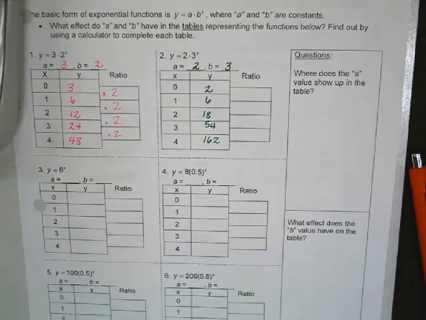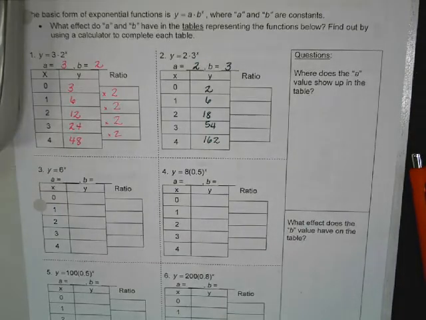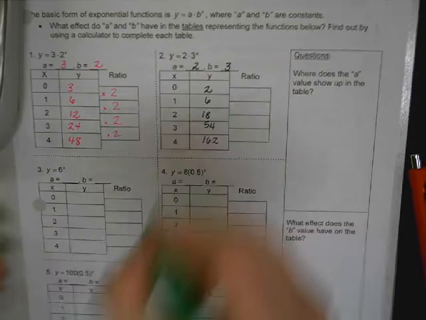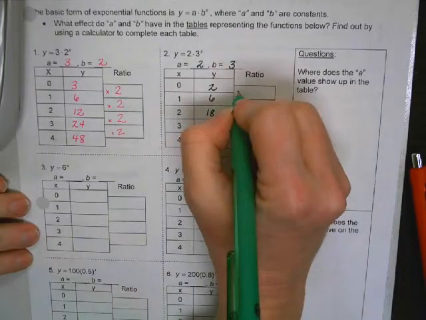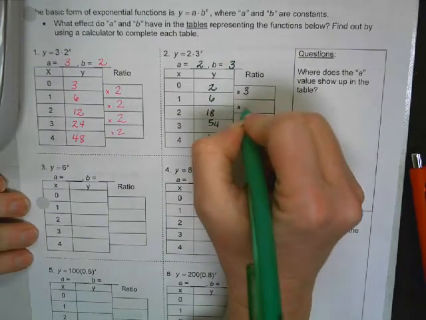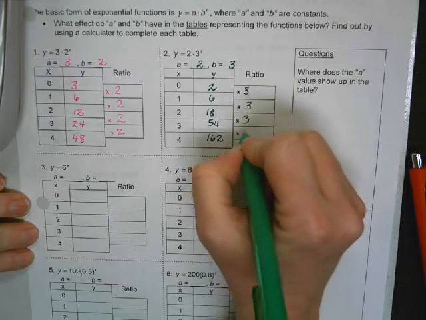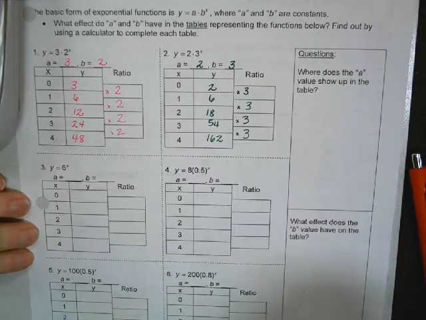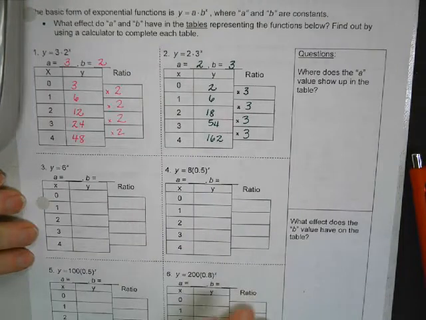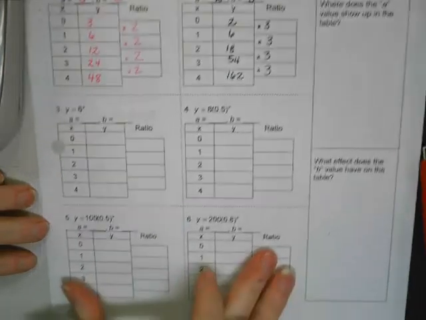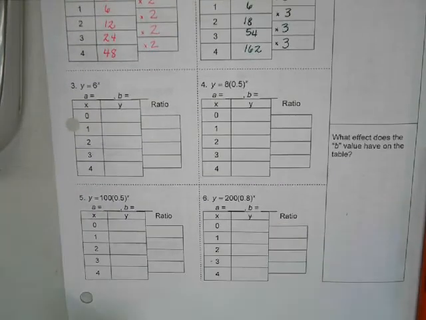All right, so this time as we're moving down the table from 2 to 6 and 6 to 18, this time we're multiplying by 3. Remember, the b is the base.